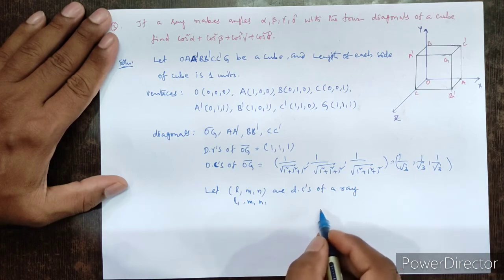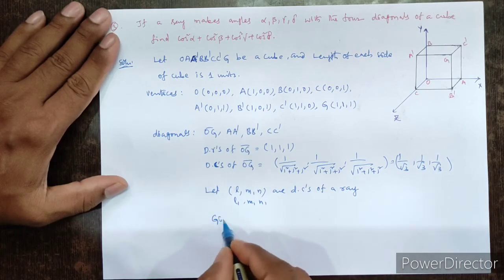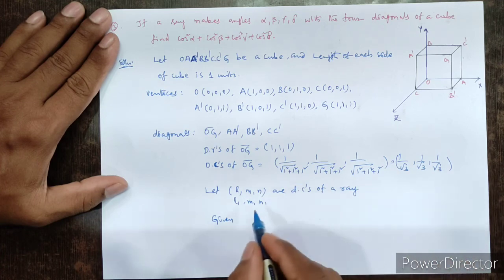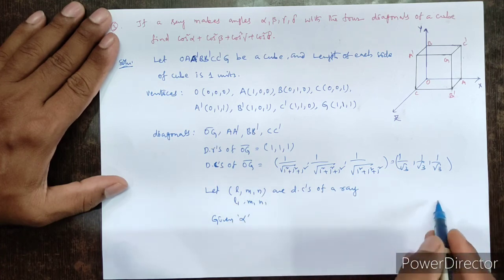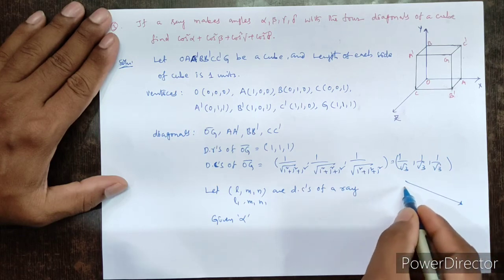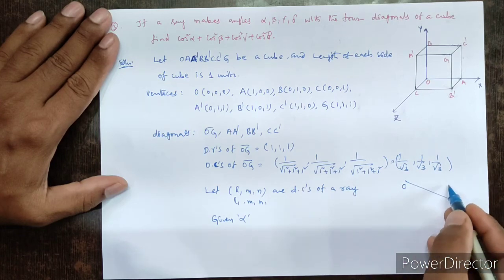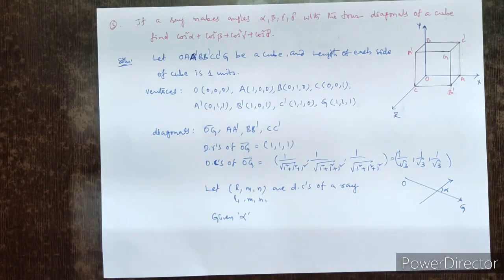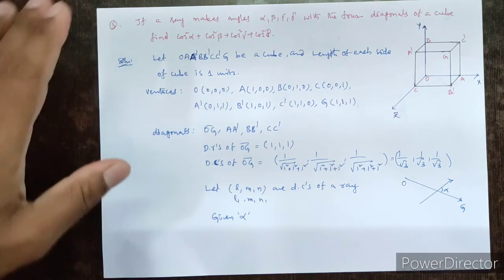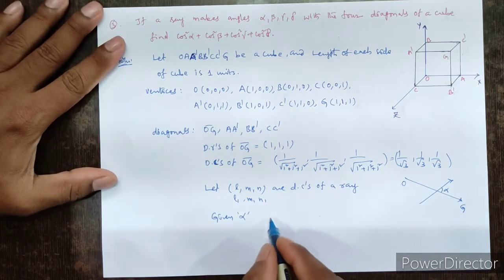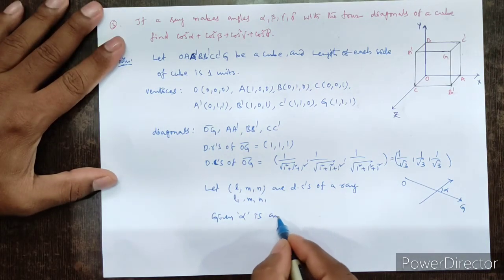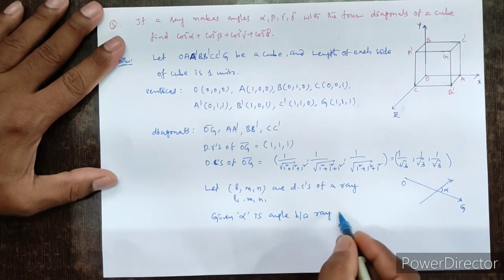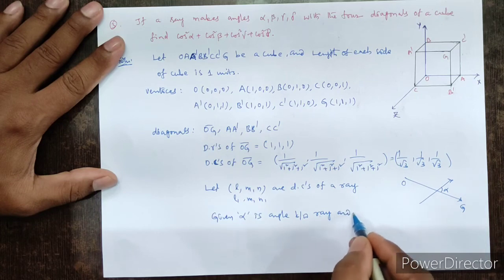Let alpha be the angle between the ray and diagonal OG.